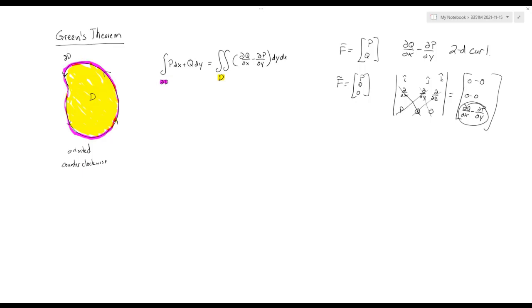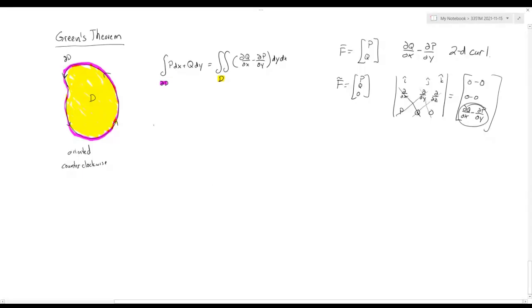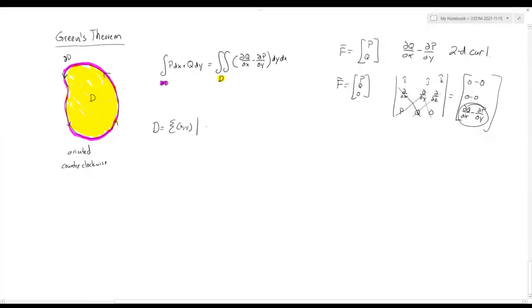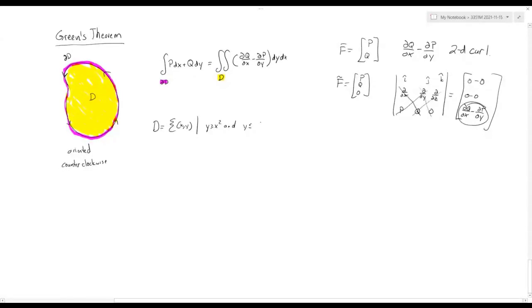Okay, so let's do an example. So suppose you have a region in the xy plane defined by y being at least x squared and y being at most 1.